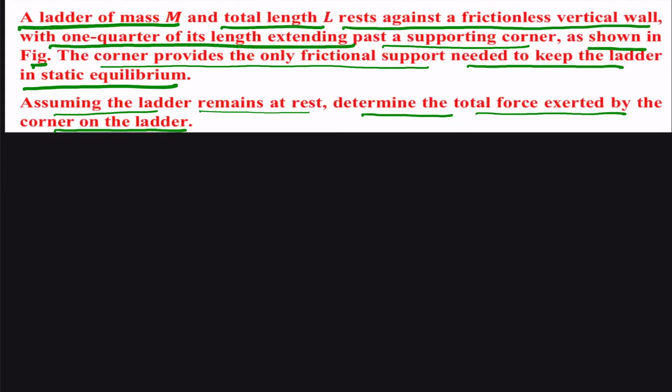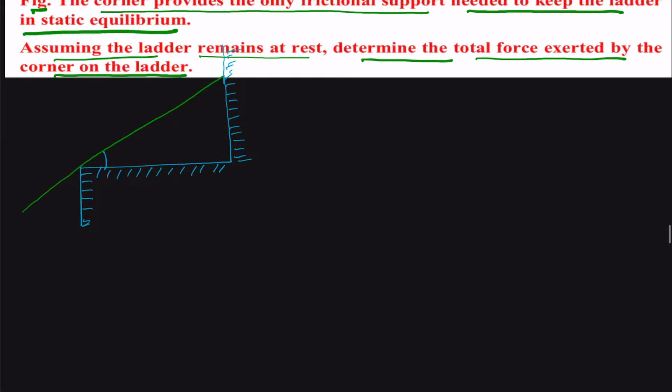So we can draw the basic diagram. We have a ladder and it is resting against the wall. This is our wall, and the ladder is just touching the corner, and it is making an angle of theta with the horizontal.